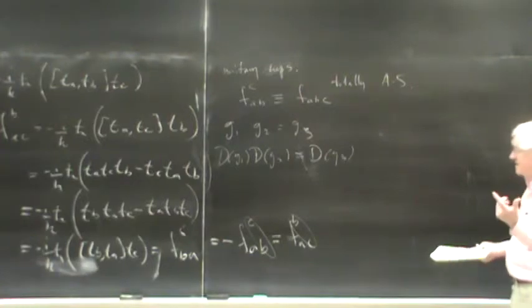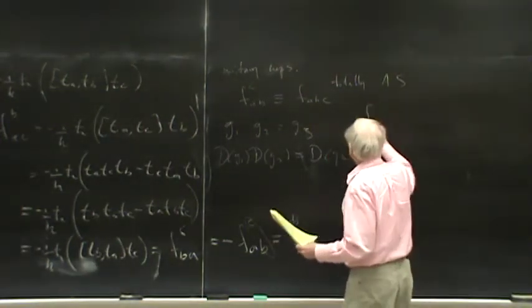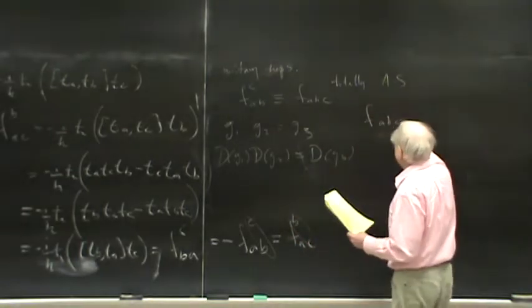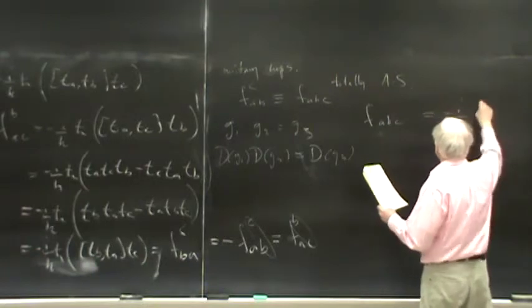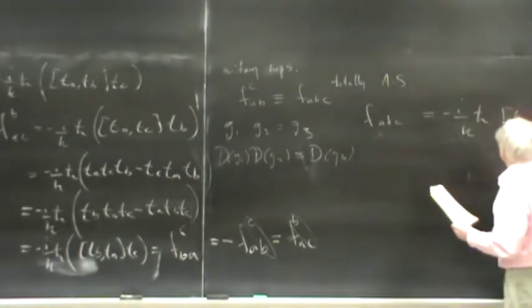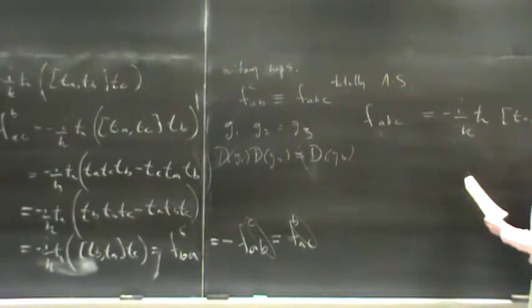Now, in fact, in this case, they're also real. And in order to see that, let's just write f_ABC. Well, it's minus i over K trace TA TB TC.